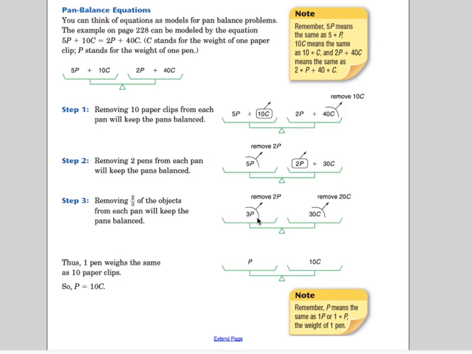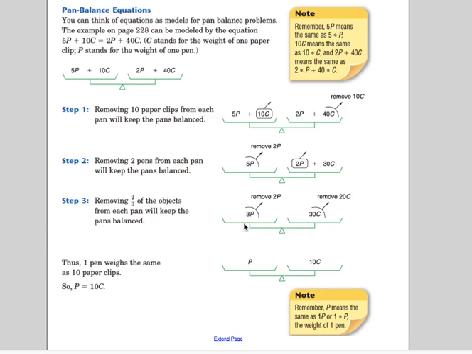Remember here, 3p, 5p, it means the same as 5 times p, or 3 times p. In algebra, you don't have to write out the multiplication symbol when you're multiplying a number times a variable. They write it like shorthand like this.